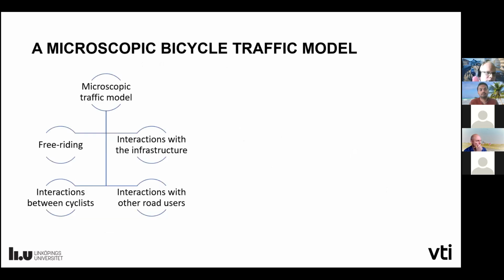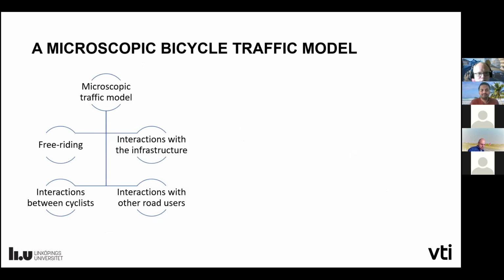So for a microscopic traffic simulation model of bikes, we need to consider the free riding and interaction with the infrastructure, of course, interaction with other cyclists if we're on the bike path. If we're on a shared path with pedestrians, we need to consider them, and in intersections or when running on a shared street with cars, we need to focus on interaction there.